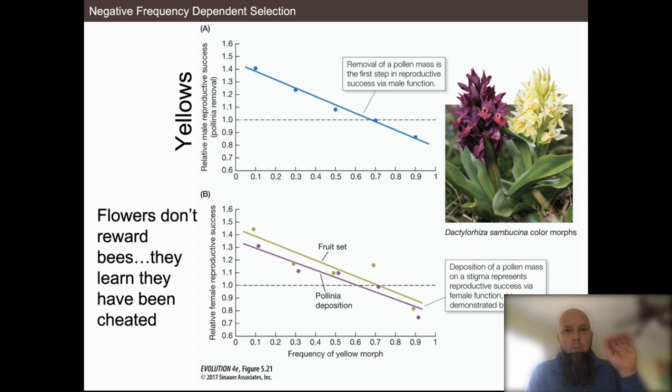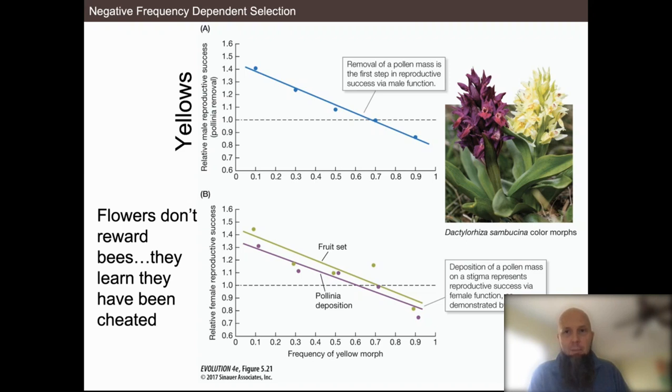Those male plants have to get their pollen taken from their flowers to a female. So with this negative relationship, what we are seeing is these bees that pollinate these plants, when they go to these plants, are hoping that they will get some kind of reward, some kind of nectar, let's say. When they go to these plants and they are not rewarded, if most of the plants that they are going to are yellow, then they are going to remember, I'm not going to any more yellow plants.